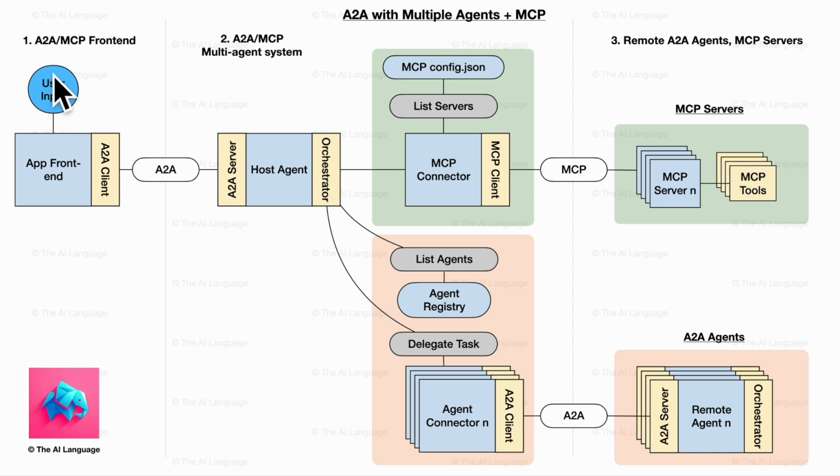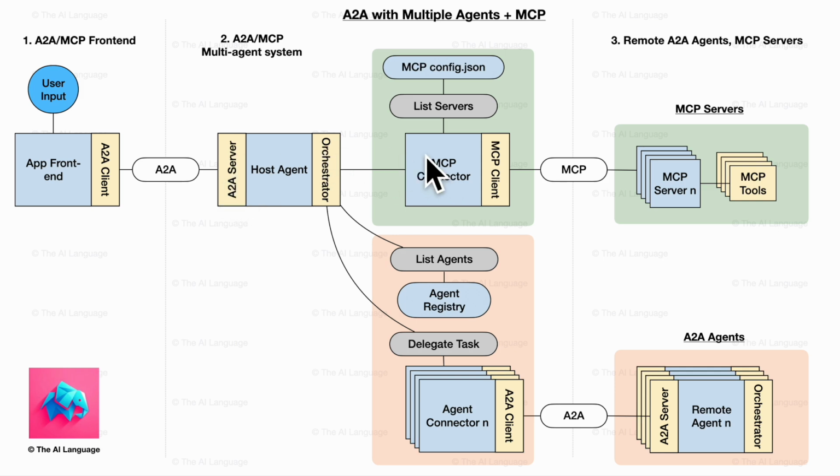So here's the final data flow. The user submits a query via the front end and the A2A client forwards it using A2A to the host agent or the orchestrator, and this is basically available through an A2A server. So the A2A server is what exposes the host agent to the A2A client on the front end. The orchestrator's LLM does the discovery of the MCP tools and of all the agents, and then it picks the right tool or agent.